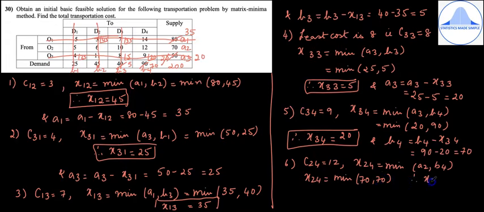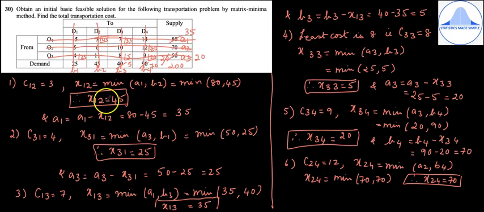So you get X24 equal to 70. Write 70 here, and this 70 matches with the availability as well as the requirement. So you have to cancel out O2 and also cancel out D4. Now there are no costs remaining.